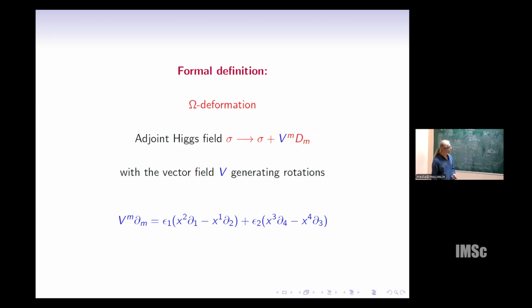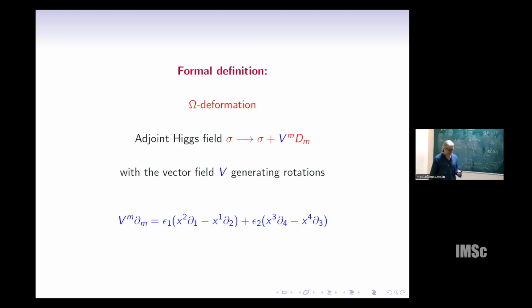It's a partition function of the theory where you took the adjoint Higgs field, a complex scalar in the adjoint representation, and deformed it by adding to it a covariant derivative in the direction of a vector field which generates rotations of Euclidean spacetime.